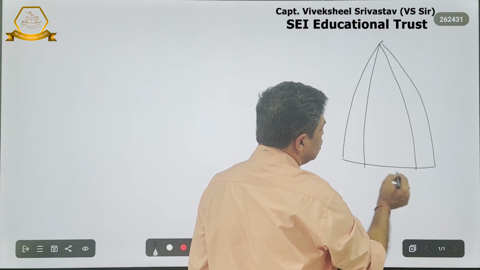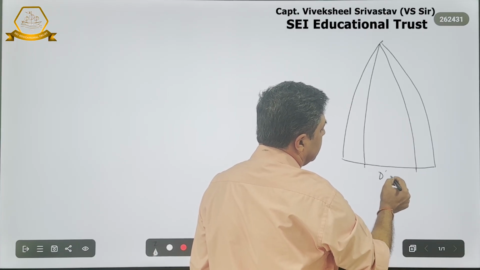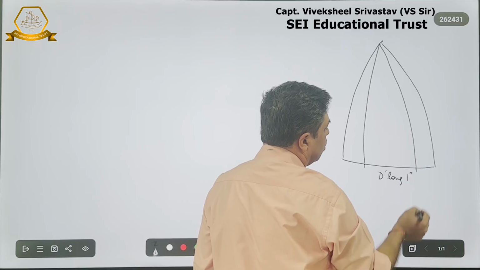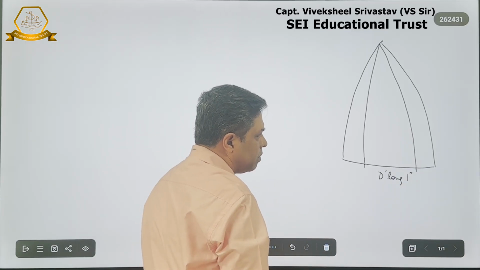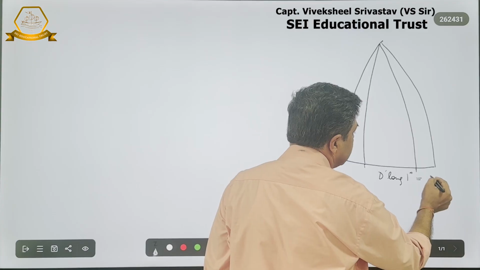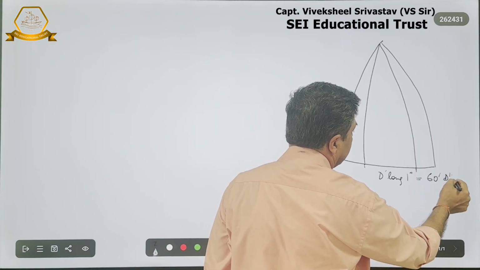So between these two meridians you have a d long of 1 degree. Okay, so 1 degree d long means 60 minutes of d long.